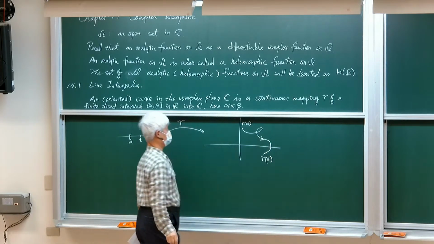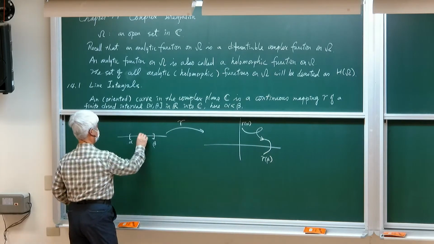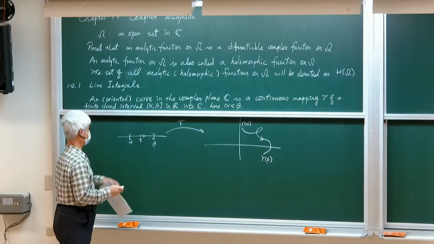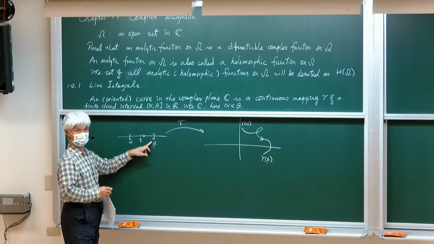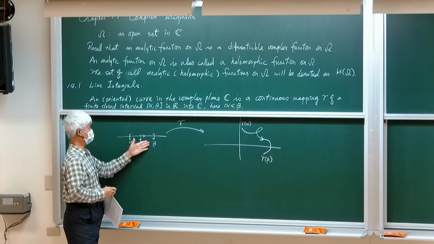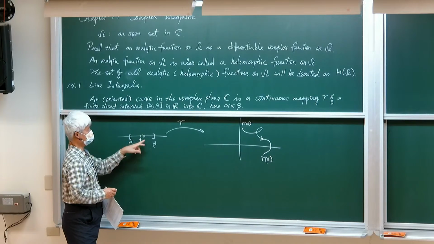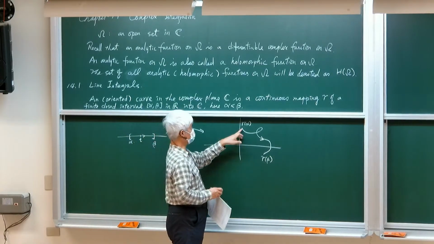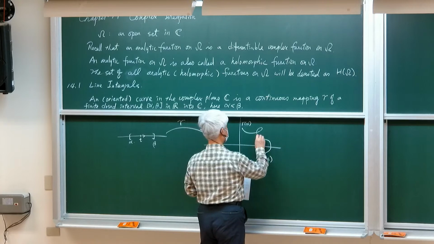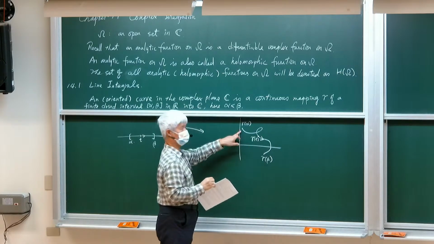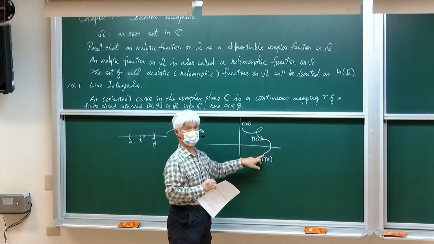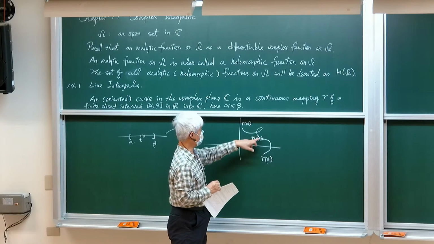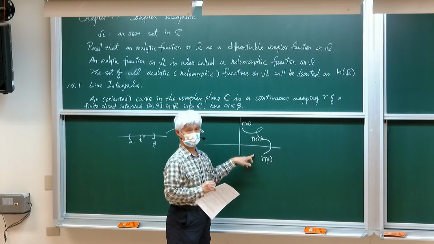And it is oriented because the parameter t will start from alpha to beta in this finite closed interval. And as t increases, the corresponding point will move from this endpoint gamma alpha to the other endpoint gamma beta. So this is the direction of movement.